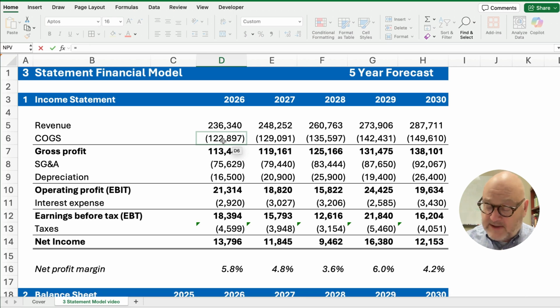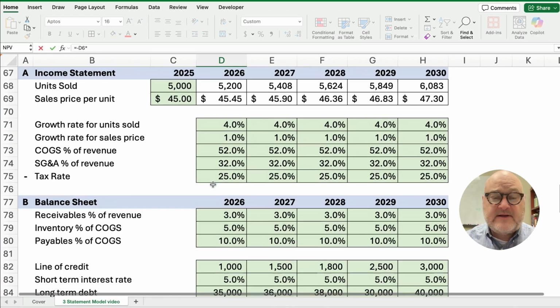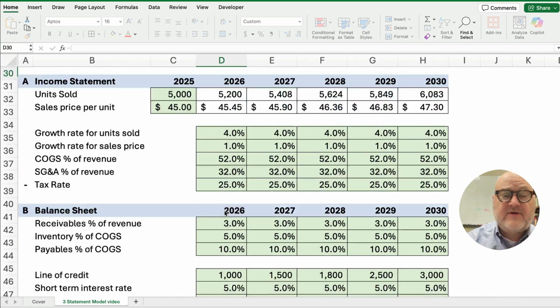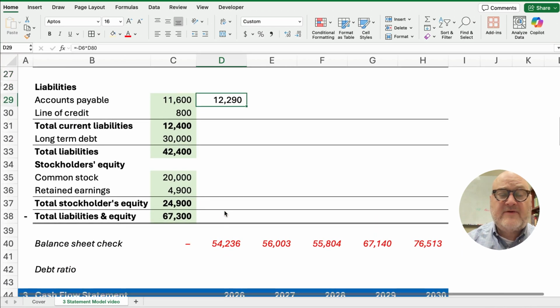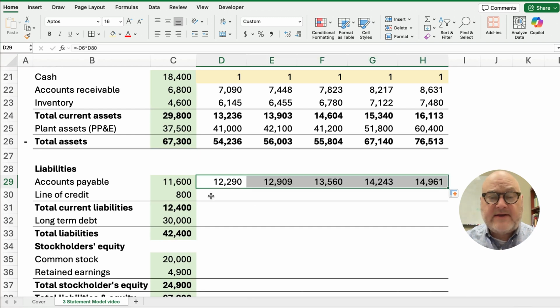Cost of goods sold, we need to make it a negative, cost of goods sold times, we said it's 10%. Payables are 10% of cost of goods sold. So therefore, this is going to be that number. And we could copy this all the way across if you want to, or we could wait till we get our column done and copy that all the way across.